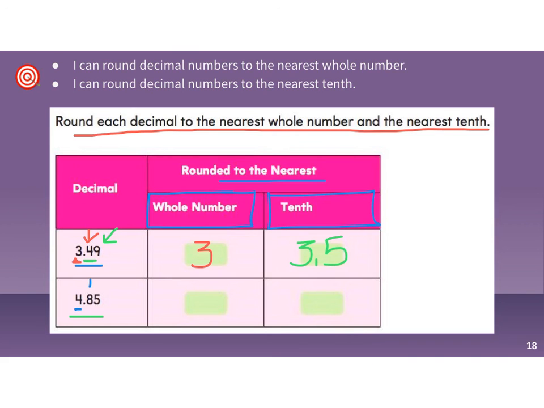Rounded to the nearest whole number would be 5. 4 and 8/10 is closer to 5 than it is to 4. And then rounded to the nearest tenth, the 8 is in the tenths place, so I'm going to look one place to the right, and it's 5 or higher. So rounded to the nearest tenth, I would say is 4 and 8/10.